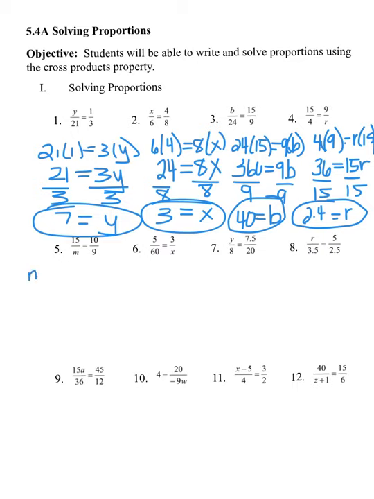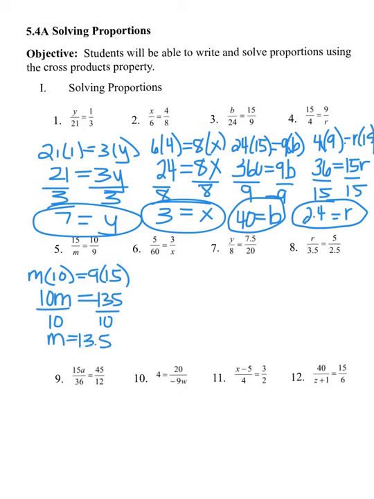I'm going to multiply m times 10 and 9 times 15. I get 10m equals 9 times 15 is 135. I'm going to divide both sides by 10, and I get m equals 13.5.